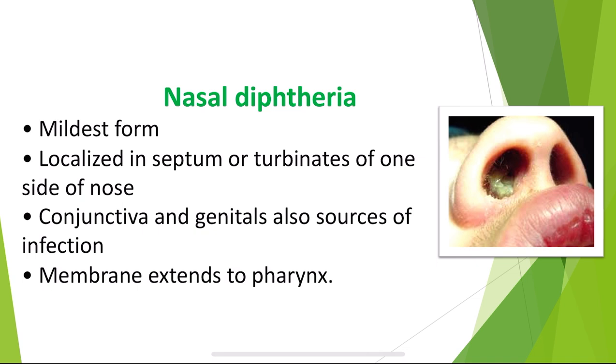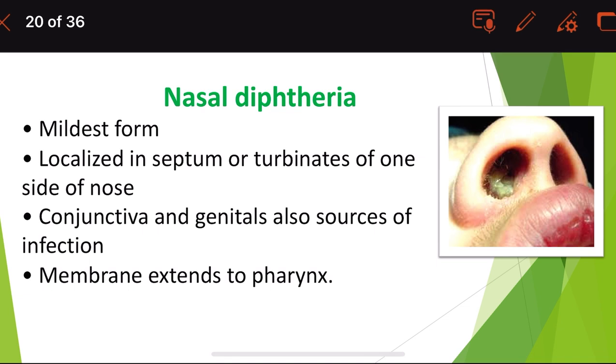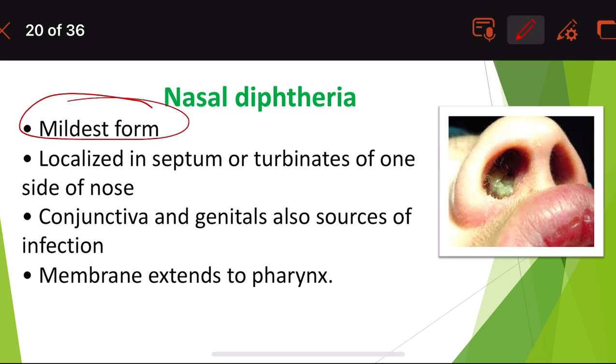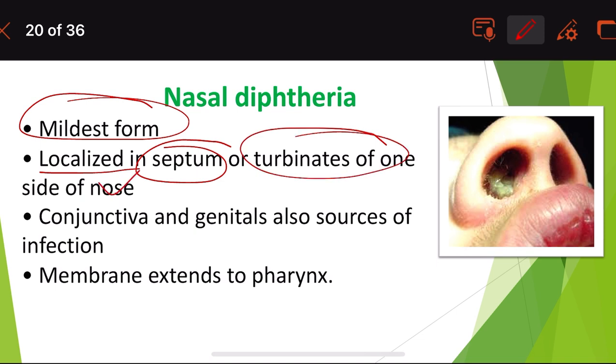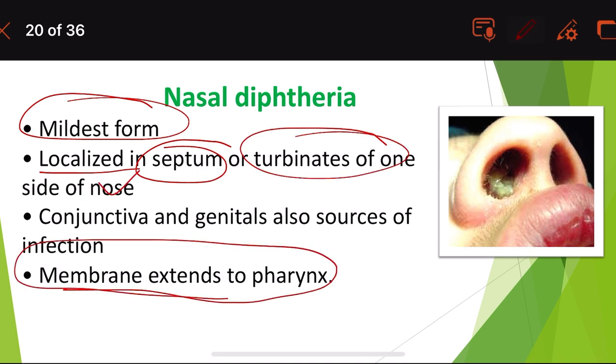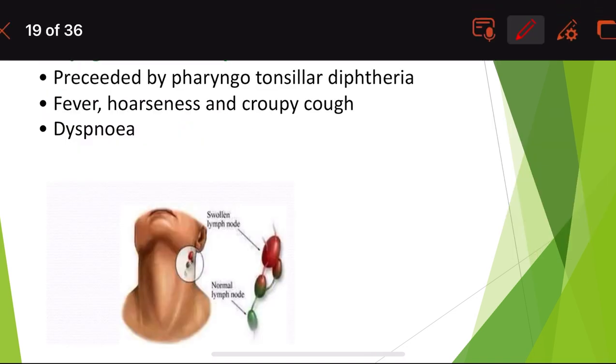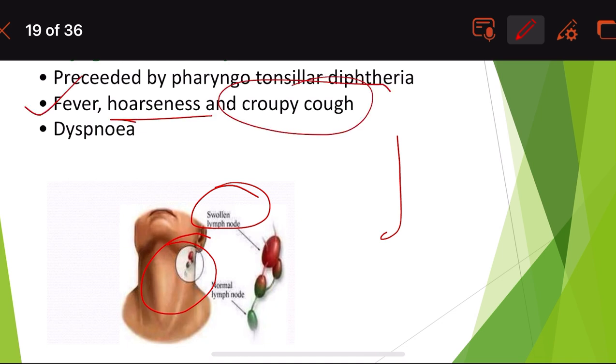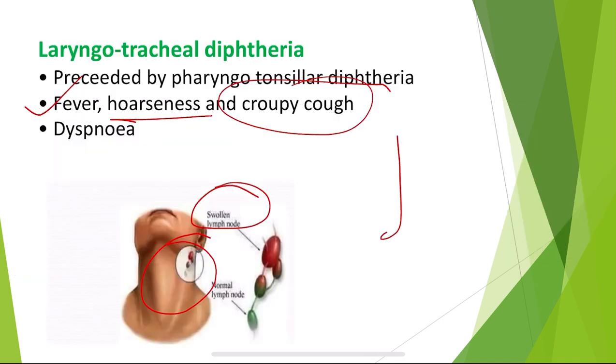So what are the three types we saw? The nasal diphtheria, the mildest form. It is found in the septum or in the turbinates of one side of the nose, and then the membrane can extend into the pharynx. Then in the laryngotracheal, we have swollen lymph nodes, fever, hoarseness of voice, croupy cough, and also dyspnea.